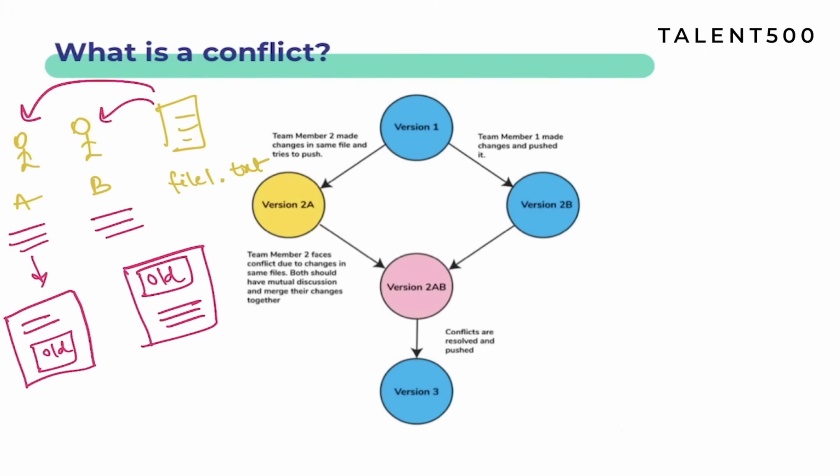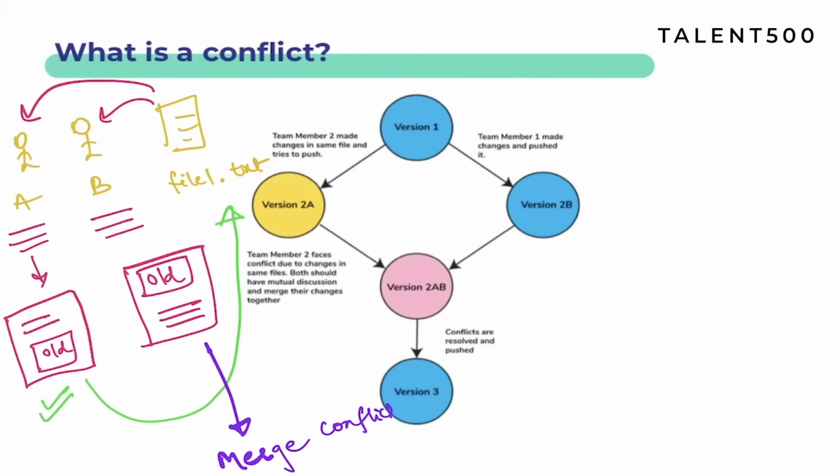Now what will happen? Let us say this person goes ahead and pushes his changes to the repo. Then the moment this guy pushes his changes, he is going to get merge conflicts. Now, what are merge conflicts? Of course, he will be told that the file he is accessing to make his changes has been updated.